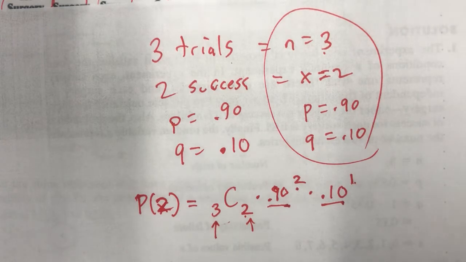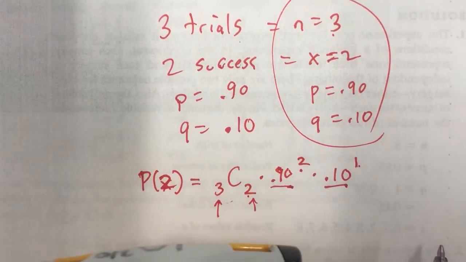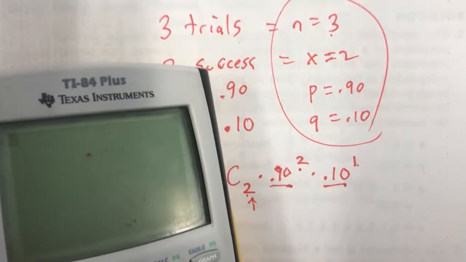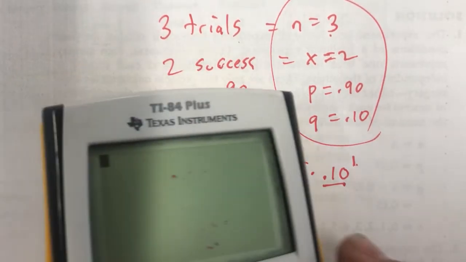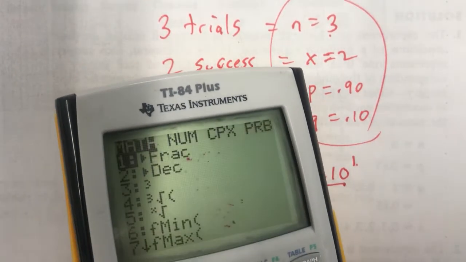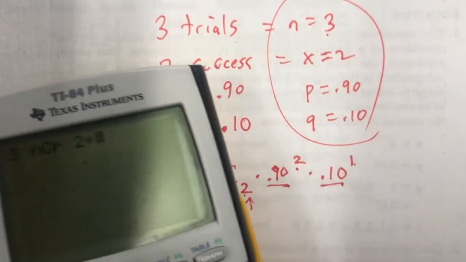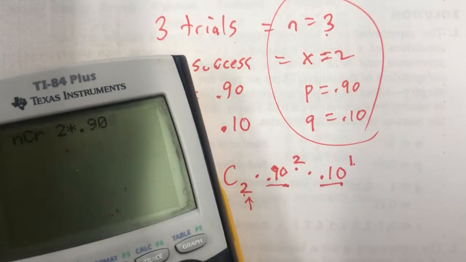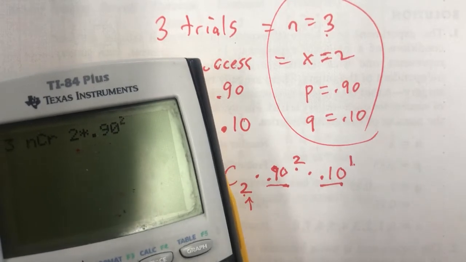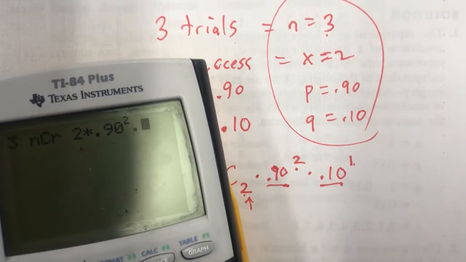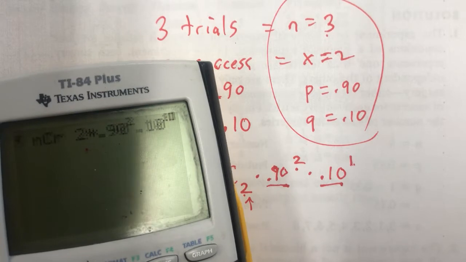All right, so if I do that, it'll be like this right here. So I'm going to do 3c2 times 0.90 to the second power times 0.10 to the 1 power.